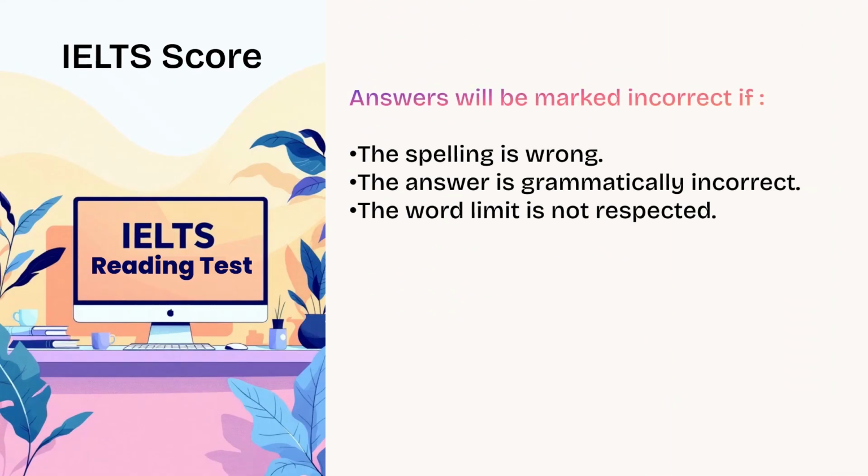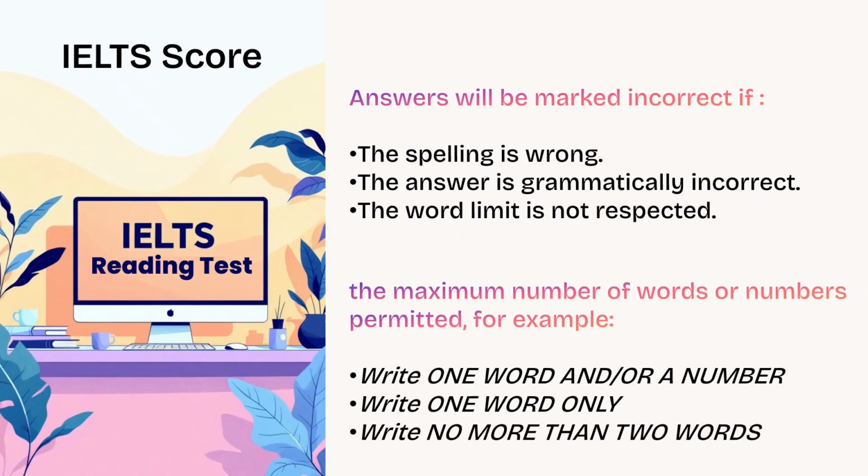But be careful, answers will be marked incorrect if the spelling is wrong, the answer is grammatically incorrect, or the word limit is not respected. So carefully read the instructions provided for each task. These typically specify the maximum number of words or numbers permitted.